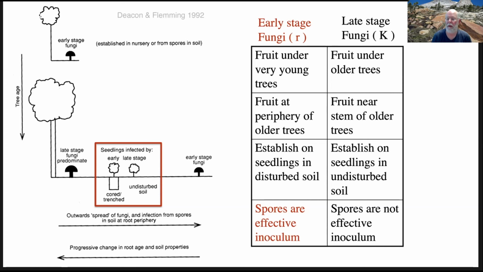It's a numbers game, and it takes many, but they work. So that's basically what's going on here. We have these early stage things that respond by spore, late stage things that don't. Resident mycelium on older trees can then spread out and colonize new roots as they pop up.